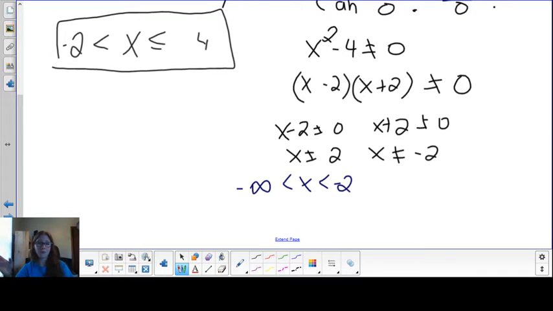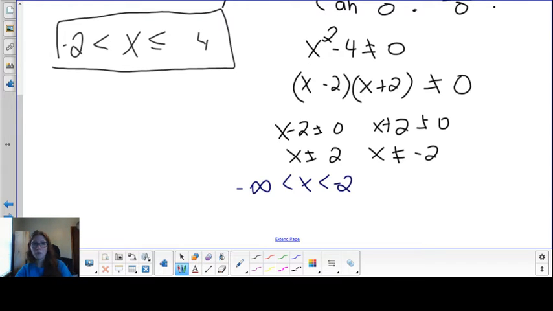So that's saying, right there mathematically, any value that's smaller than -2. So everything very smaller. -3, -7, -1277.5, all the way until we get close to negative infinity.